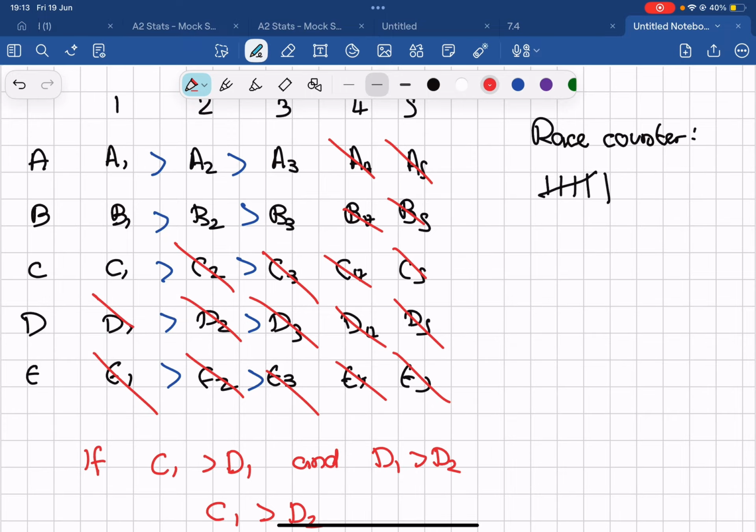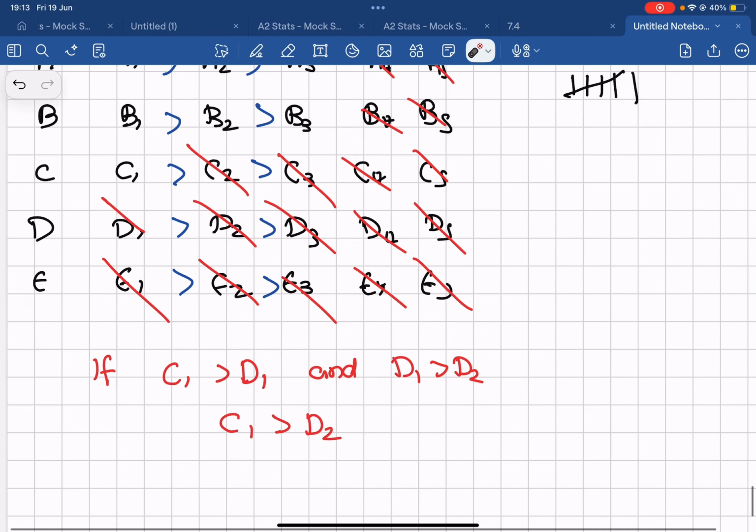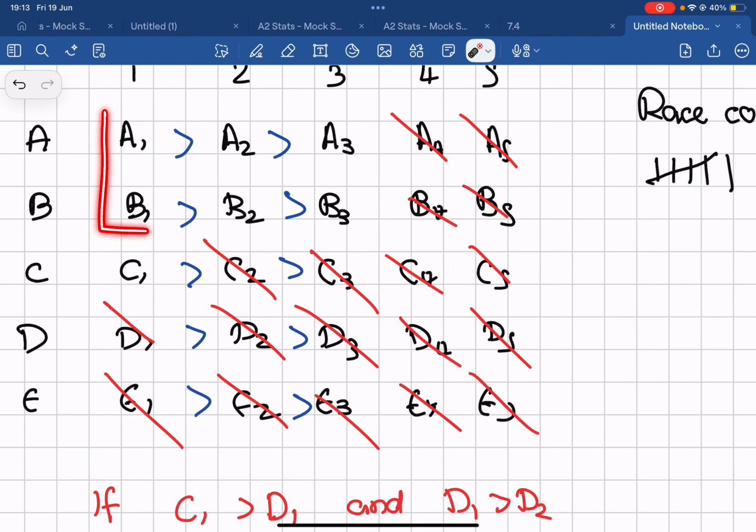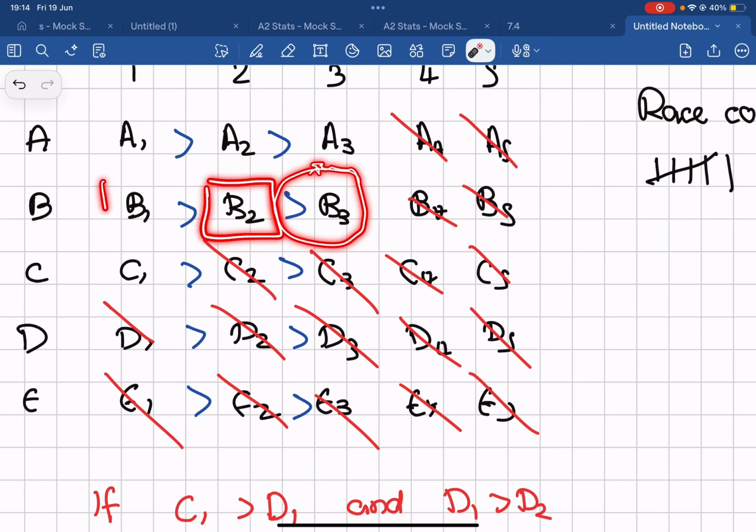Well, we know that A1 is greater than B1, which is greater than B2. Now, is there a possibility where B3 falls in this top 3? Well, just think. If B3 exists, then B2 and B1 must also be in the top 3 positions.